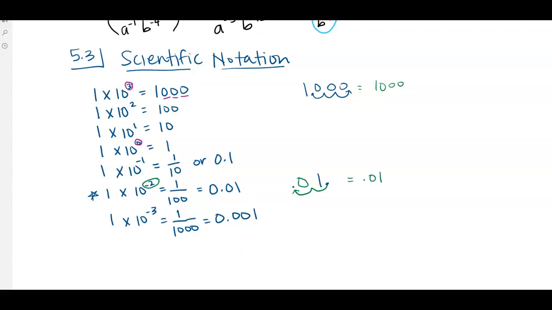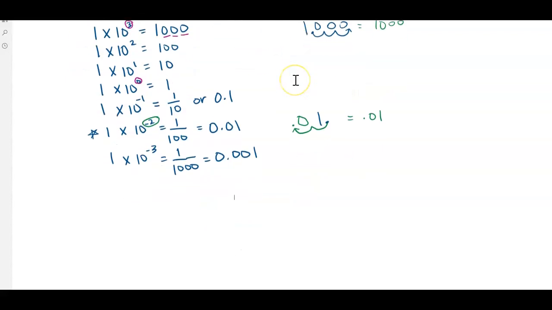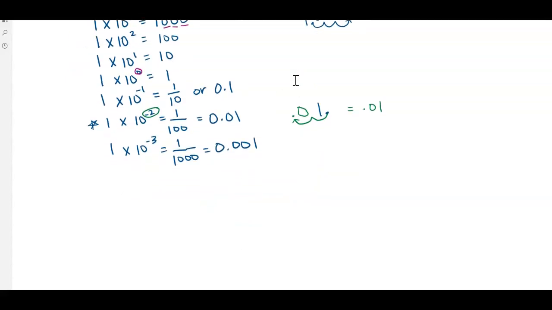So let me just ask you maybe 2 others here. What if I said, what is 1 times 10 to the negative 8th power? How would I write that as a number?